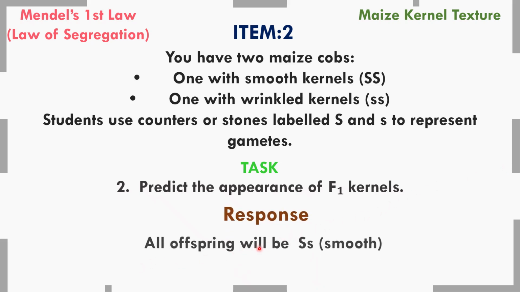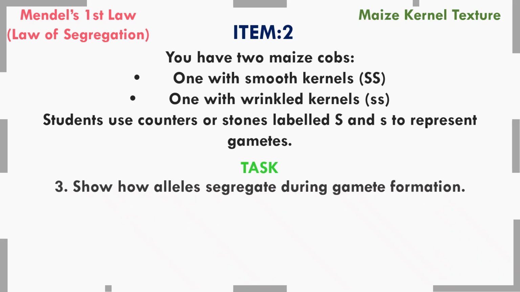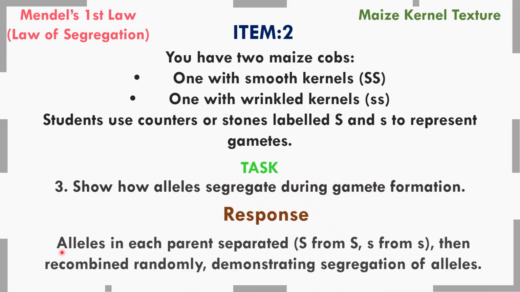All offspring will be capital S small s, smooth kernels. Show how alleles segregate during gamete formation. Alleles in each parent separated, S from S, small s from small s, then recombined randomly, demonstrating segregation of alleles.